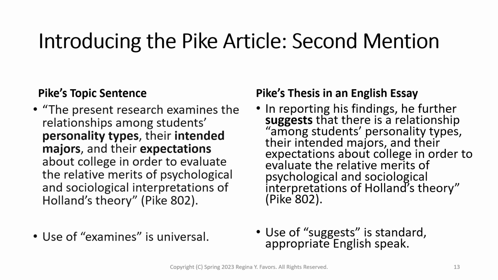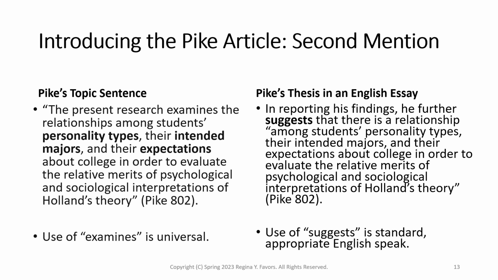And Pike has the right to use the word suggest because, after all, he conducted the experiment, he did all of the work, he did all of the surveying, and so he's suggesting that there is a relationship among personality types, intended majors, and expectations. So we have to be sure to report within our English papers appropriately.